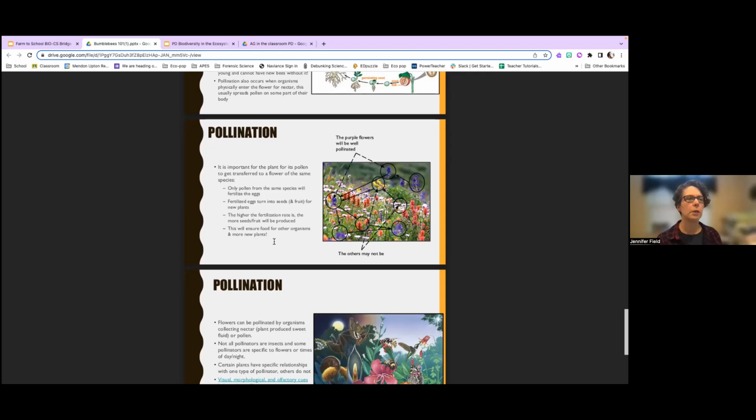And bumblebees are really interesting because their short-term memory is extremely good, and they learn how to pollinate flowers the fastest way possible. Therefore, if they have learned, for example in this slide, how to pollinate that purple flower, they're going to continually look for purple flowers to pollinate, which transfers the purple pollen to the other purple flowers and allows for a high amount of pollination.